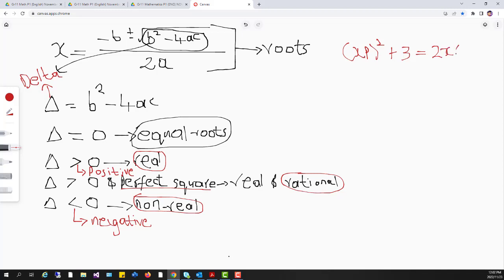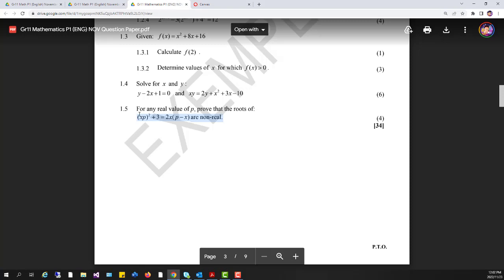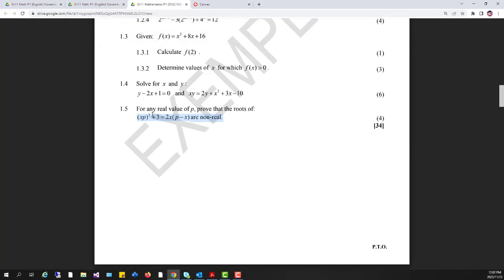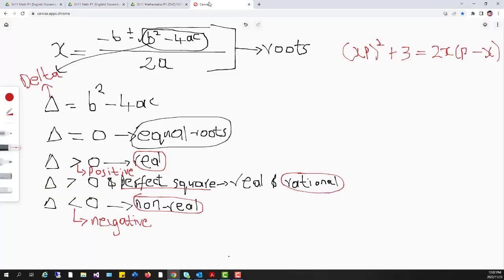Let's go back to the question again. They want to know, for any real values of p, prove that the roots of the expression are non-real. We're going to get non-real roots out of that, basically. So obviously we have to put everything in standard form.